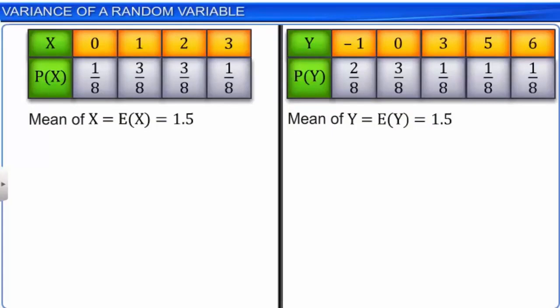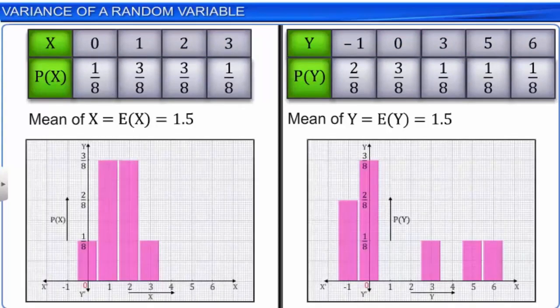To understand the variability in the variables, let's draw two graphs using the distributions by taking the values of the random variables along the x-axis and their probability along the y-axis.